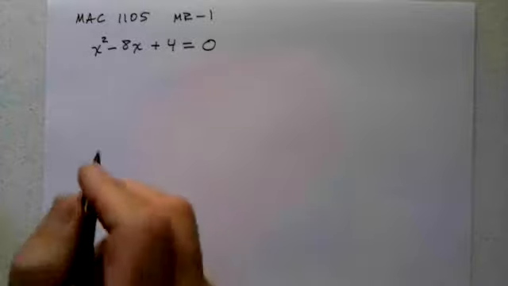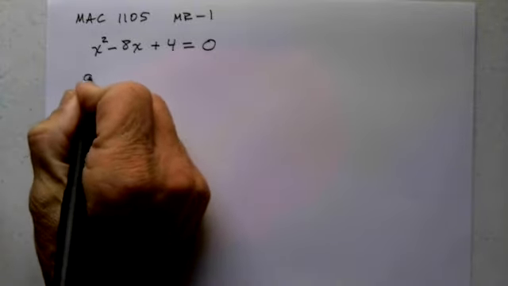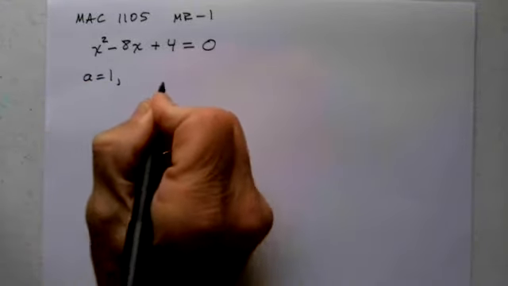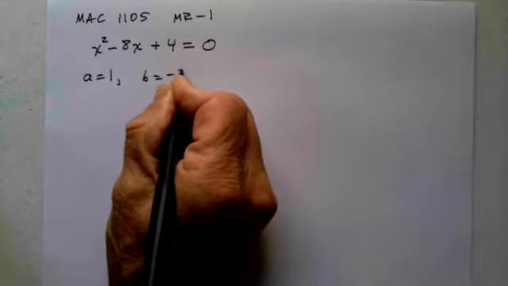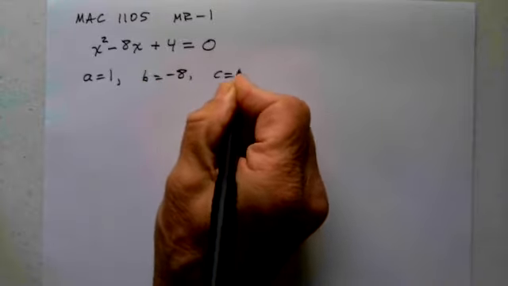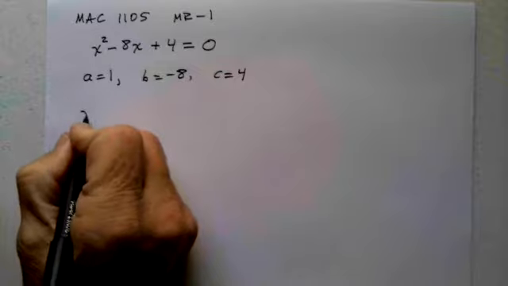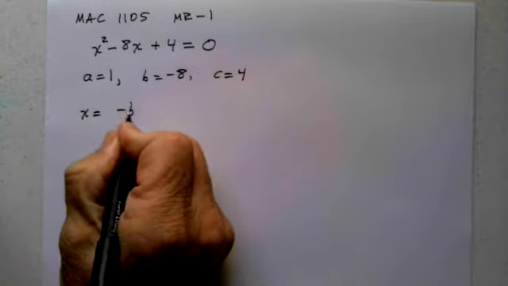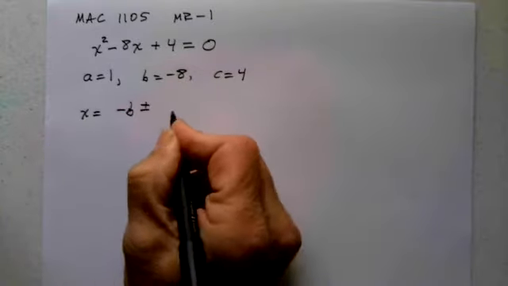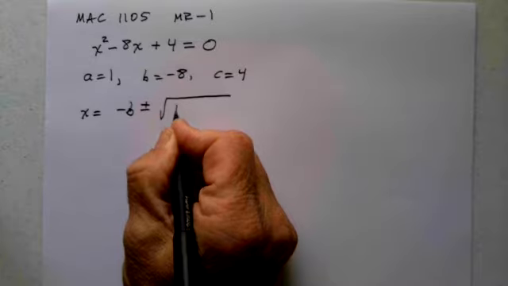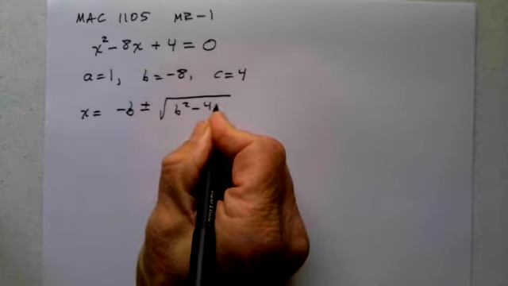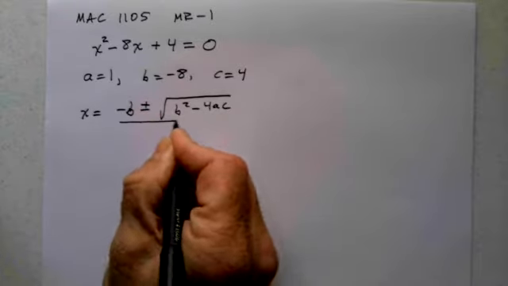Let me go ahead and do the quadratic formula here. In that case, a is 1, b is -8, and c is 4. Remember, our formula is x equals -b plus or minus the square root of b squared minus 4ac, all over 2a.